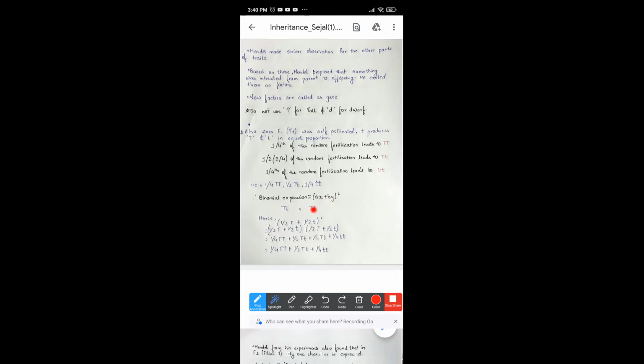There are 4 gametes, and 2 of them are capital T, so half T, and 2 out of 4 gametes are small t. This whole square, when solved, gives us 1/4 TT, 1/2 Tt, and 1/4 tt.